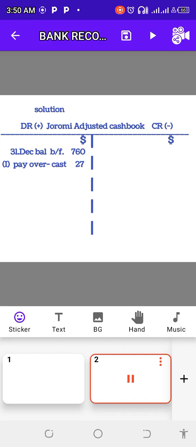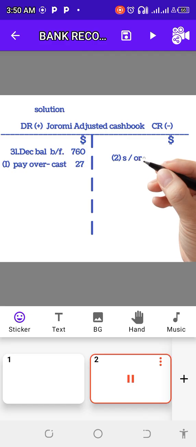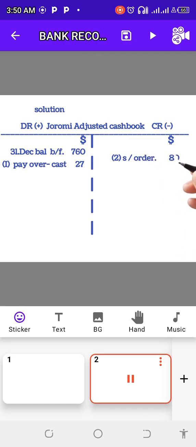Now the next thing we are going to take a look at is item 2, a standing order of $80. A standing order of $80 was paid by the bank, and the payment section of the cash book is on the credit side. So the standing order will be on the credit side and it's worth $80. Then the next thing we are looking at is on December 24, a check of $228 was received from a customer to settle a debt of $240.